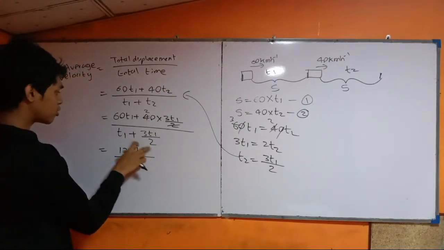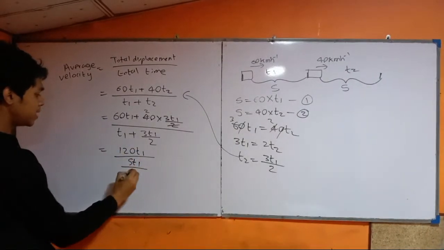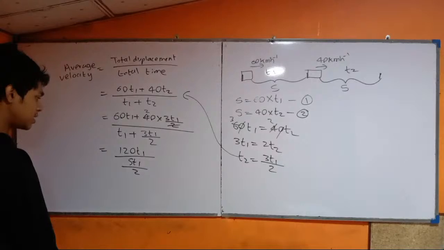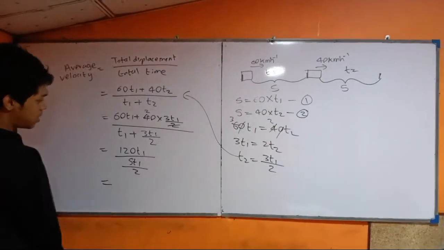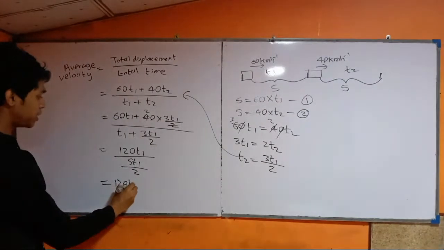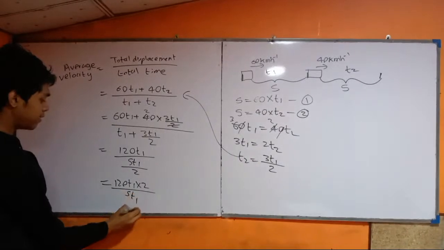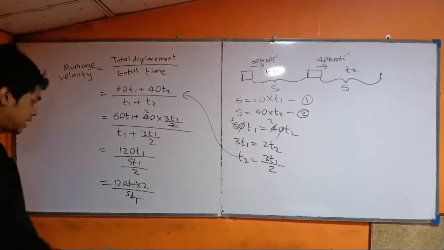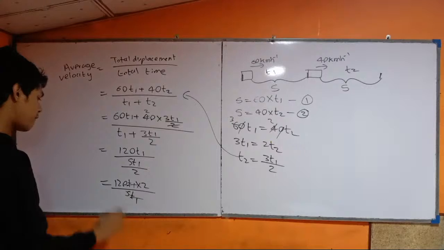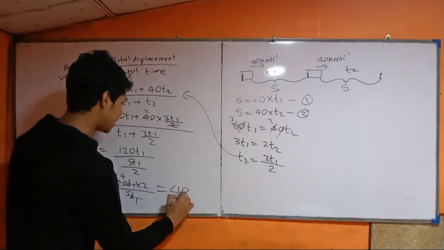Take a common denominator below: 5 t1 divided by 2. Take this upside down: 120 t1 into 2 divided by 5 t1. t1 cancels off, then easily you can get the answer: 5 times 2, 10, remain, 5 times 4, 20, and it's 48.